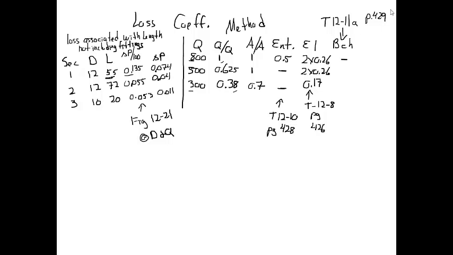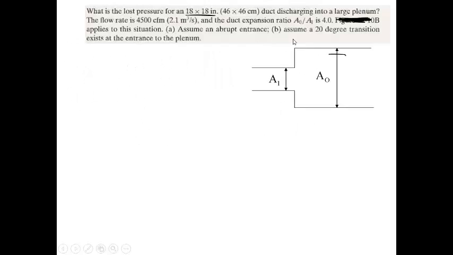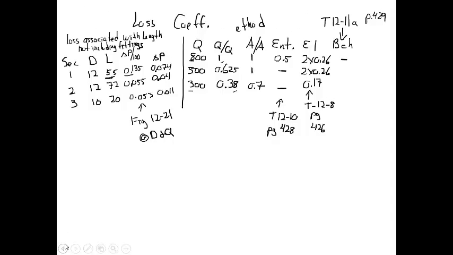For section 2, it's a through. This is where we're going to need these two parameters, Q over Q and A over A. Let me rewrite that here, since I erased it.